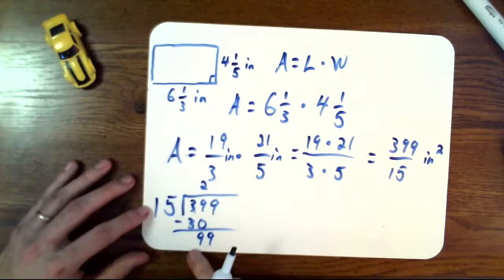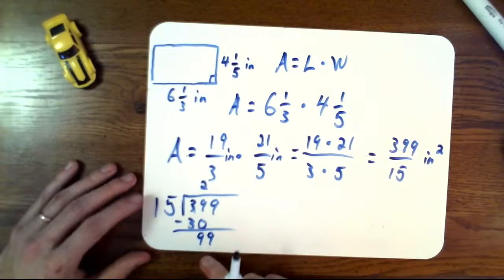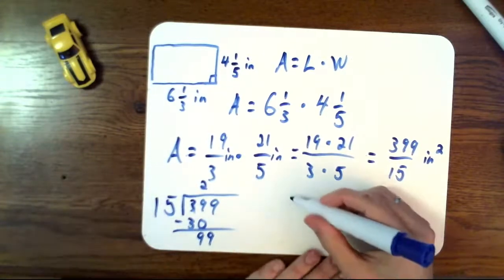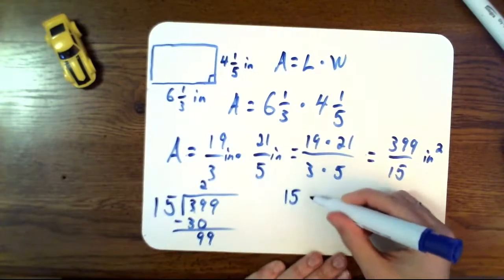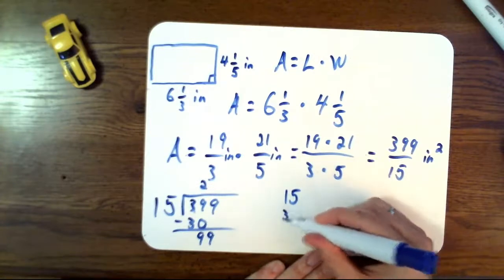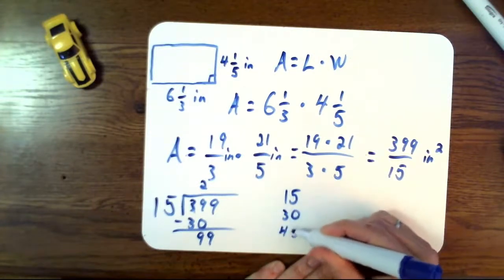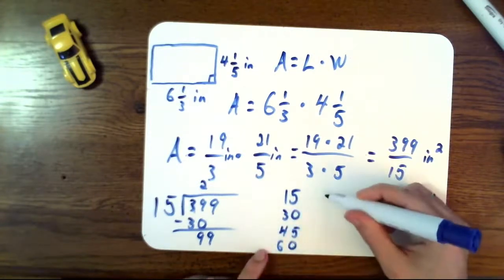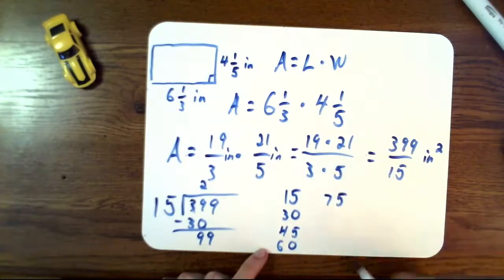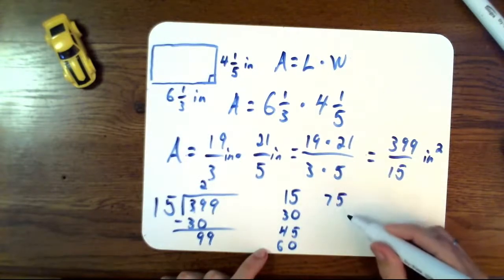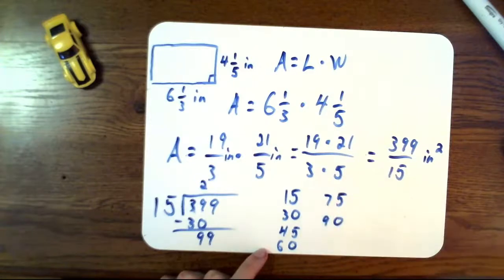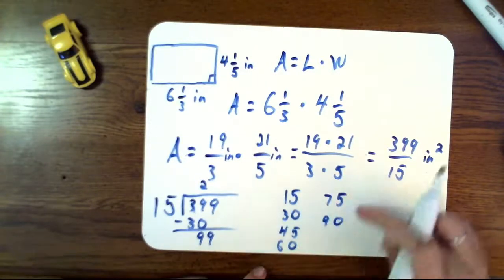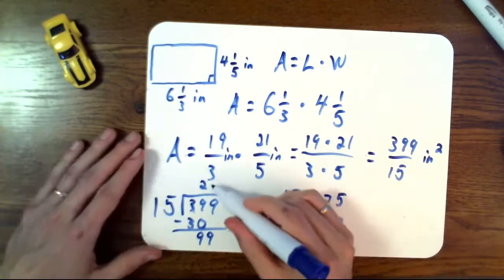How many times can 15 go into 99? So this is a good question. You can always think of minutes, because 15, 30, 45, 60, 75, 90. So 1, 2, 3, 4, 5, 6 times.